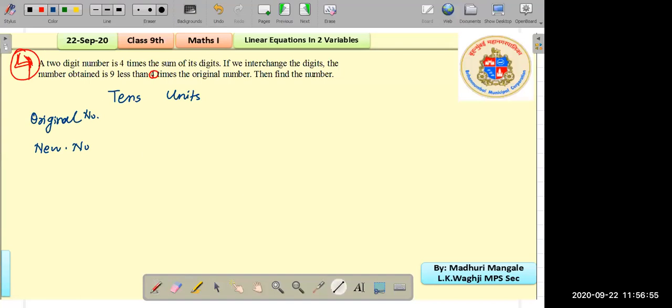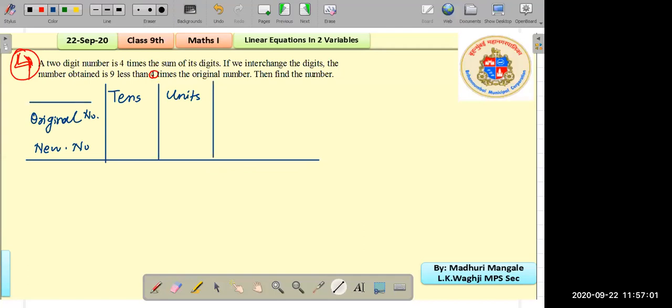So how do we set up this table? This table makes everything very easy, students. You need to set up the table like this: tens place, units place, and then row-wise, the original number and the new number.